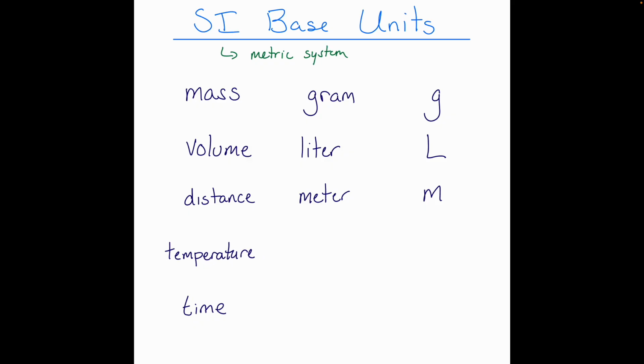For temperature, we're actually mostly going to be using degrees Celsius, but there's an even more fundamental unit of temperature, what's called the Kelvin. And I'm going to punt on why it's considered to be more fundamental until we get to our discussion of gases, but it is considered the base unit for measuring temperature. That is uppercase K for Kelvin. And then time, our base unit is seconds, lowercase s.